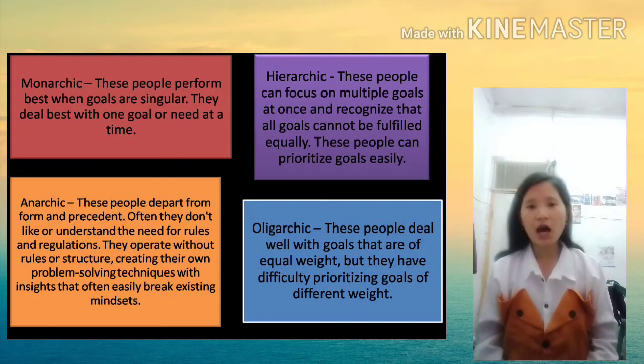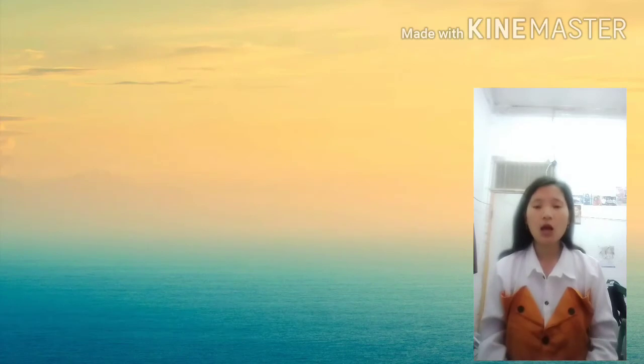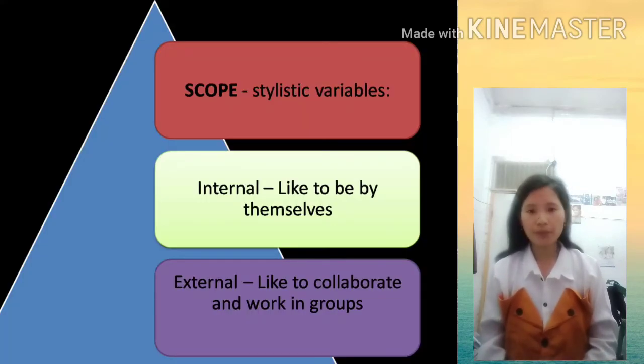And the last, anarchic. These people depart from form and precedent. Often they don't like or understand the need for rules and regulations. They operate without rules or structure, creating their own problem-solving techniques with insights that often easily break the existing mindset. Next, scope.